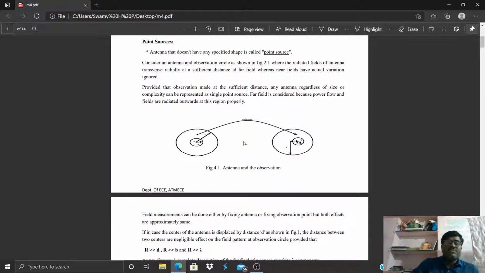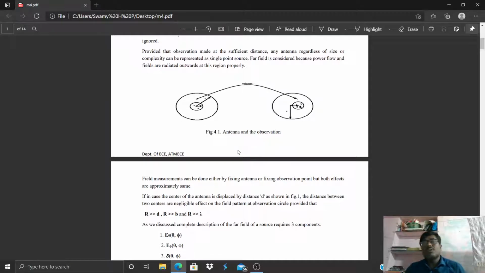How are you going to calculate the field measurements?